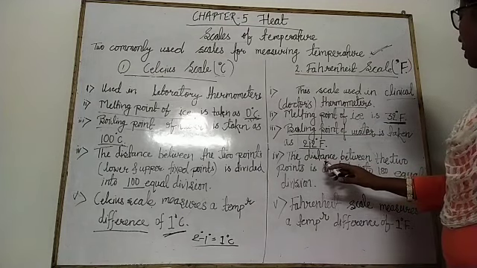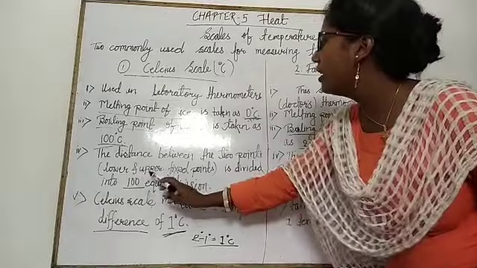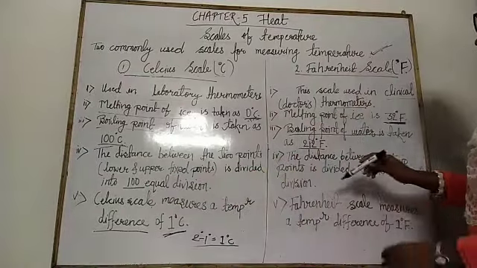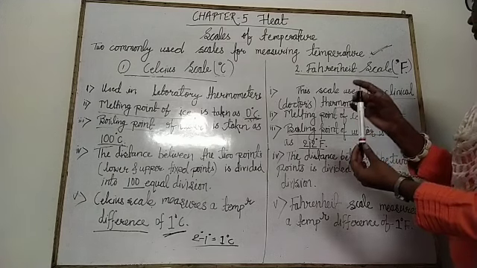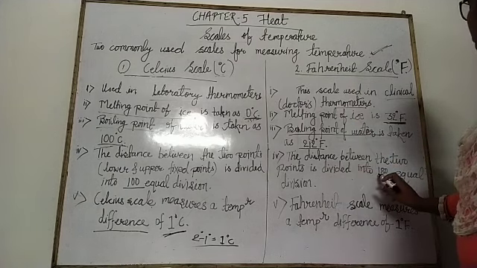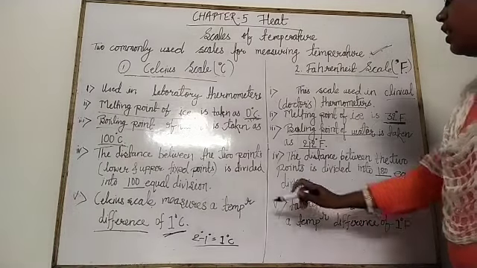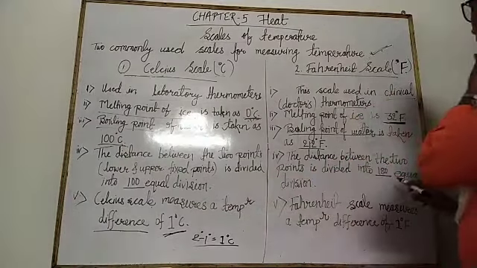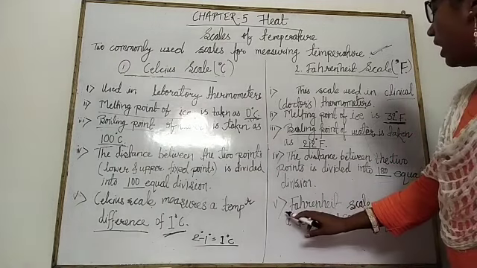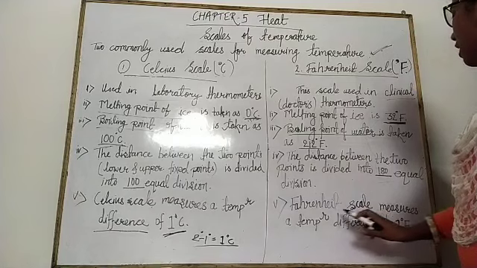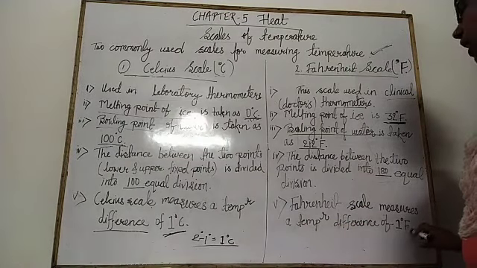The distance between the lower and upper fixed points is divided into 180 equal divisions here, whereas in Celsius only 100 equal divisions. Last, the Fahrenheit scale measures a temperature difference of 1 degree Fahrenheit.